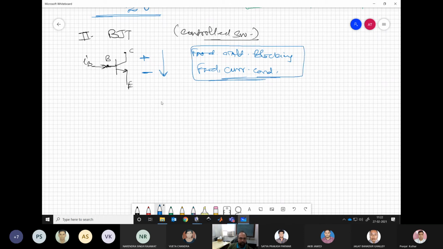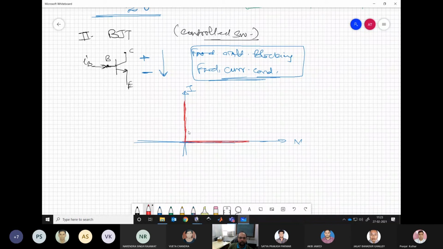Now, ideally, if we plot the characteristic of this device, how will it look, the IV characteristic. Again, because both the quantities are in the forward direction, I would be on the positive side and V would also be on the positive side.